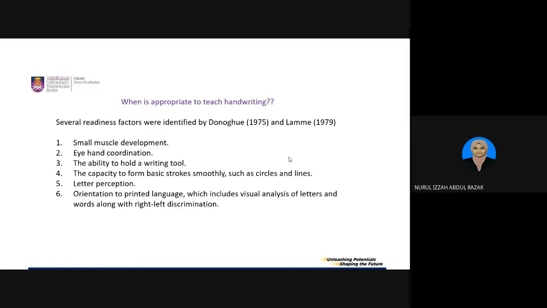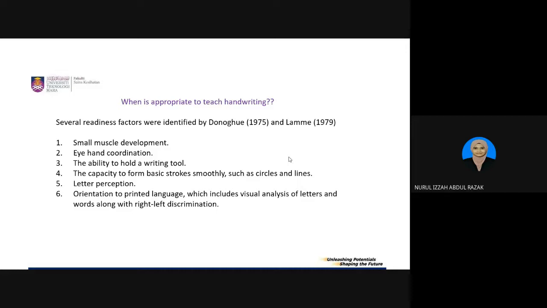The second one is hand coordination. The third one is ability to hold a writing tool, which is kebolehan kanak-kanak tersebut untuk memegang peralatan menulis. Dan readiness yang keempat adalah capacity to form basic strokes smoothly, such as circles and lines.